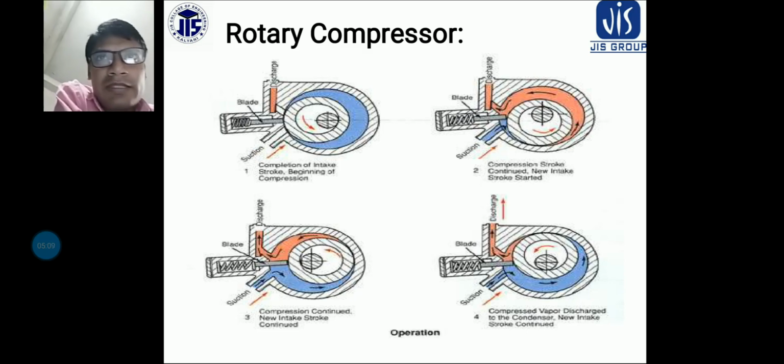We have seen it is basically for 5 ton capacity, and it is suitable for the low pressure stage in a multi-stage system. And what is the role of the vane? In the vane type compressor, the volumetric efficiency we have seen is 70 to 85%.